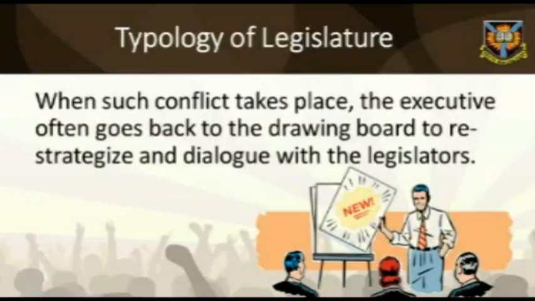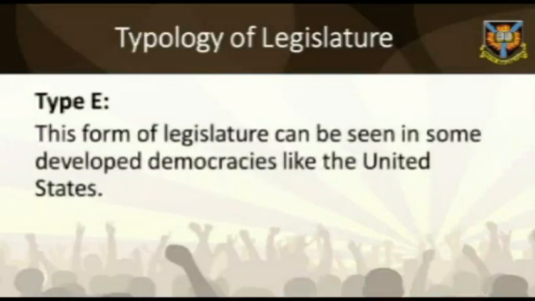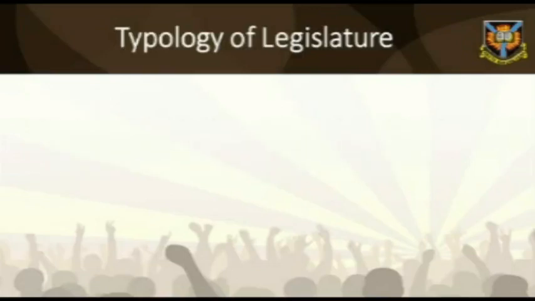And this is a way of enjoying favorable response from the parliament. Usually, it is when this is done that a mutual agreement is reached between the executive and the legislature. This form of legislature can be seen in some developed democracies like the United States.